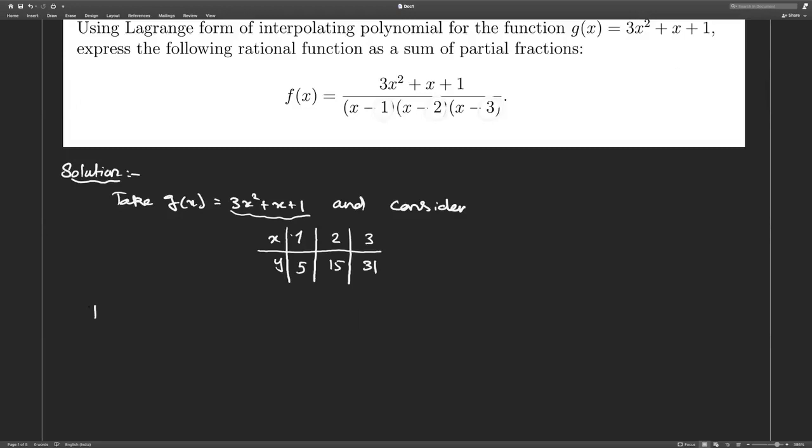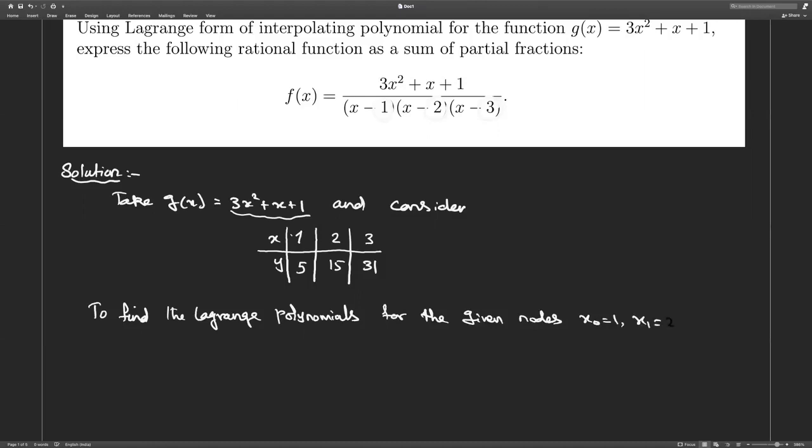Note that when we say that we want to write g in the Lagrange form, basically we are trying to represent the polynomial g with respect to the Lagrange polynomials as basis. Therefore, first we have to find the Lagrange polynomials. For the given nodes, x0 is equal to 1, x1 is equal to 2, and x2 equal to 3.